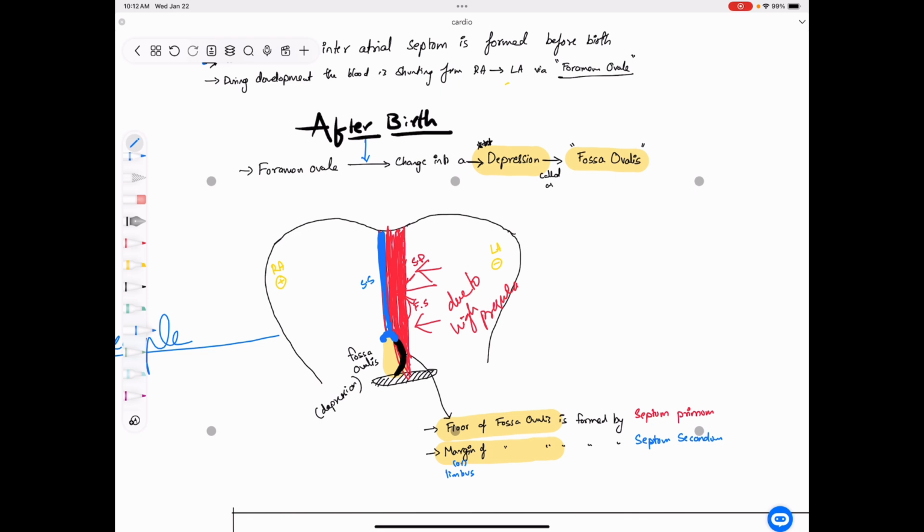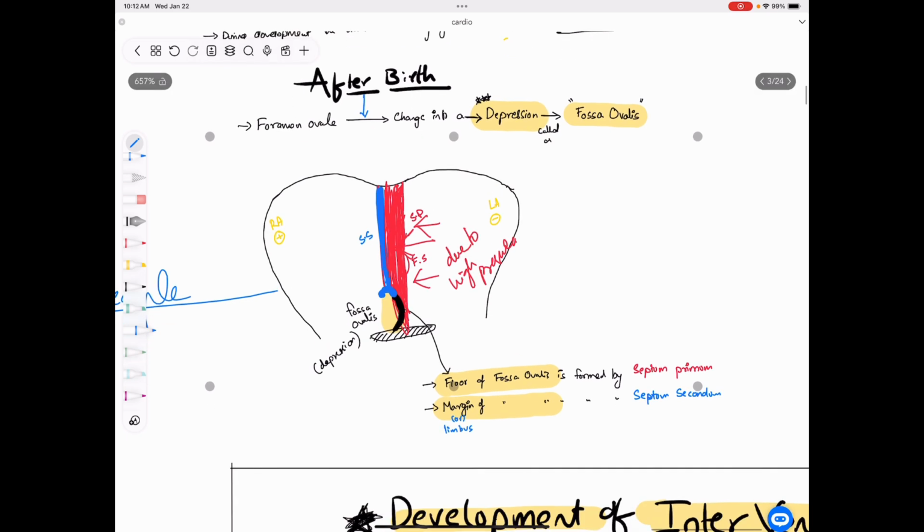Fossa ovalis is a depression seen in the adult right atrium. The floor of the fossa ovalis is formed by septum primum. And the margin, the upper one, like this, we also call the margin of the fossa ovalis as limbus fossa ovalis.